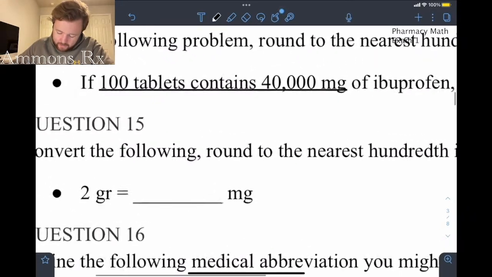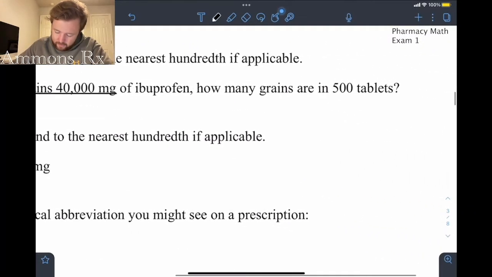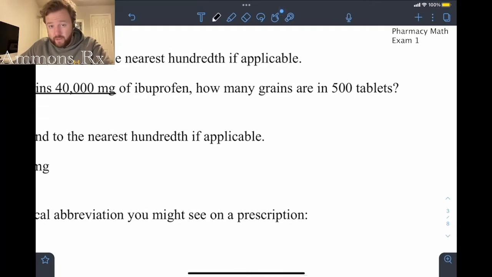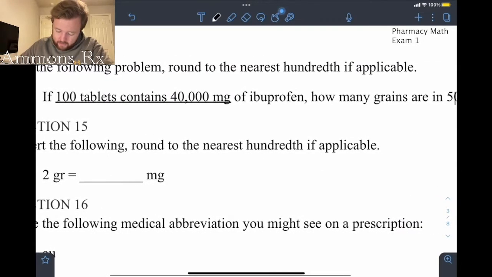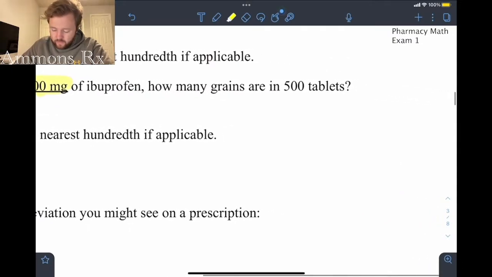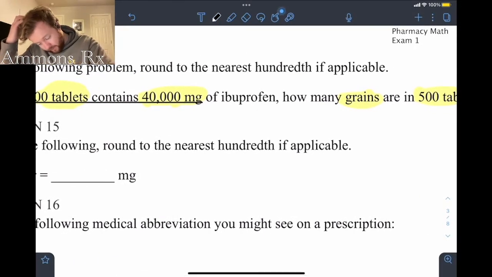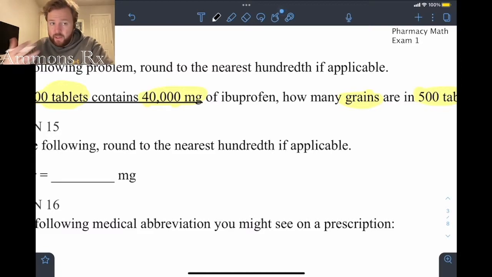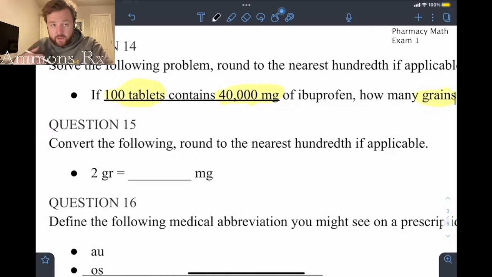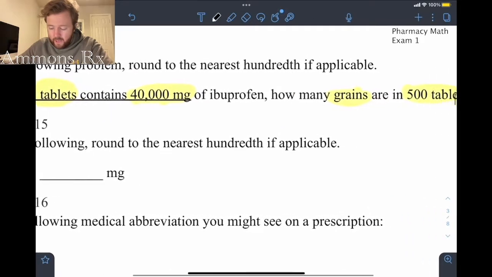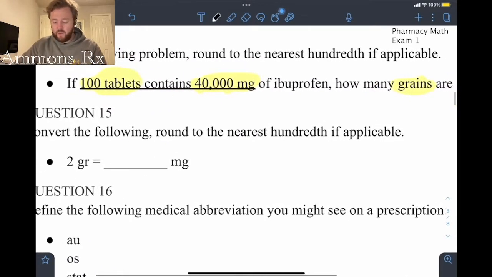If 100 tablets contains 40,000 milligrams of ibuprofen, how many grains are in 500 tablets? So there are a couple things there that might trick you. So 100 tablets contains 40,000 milligrams. How many grains in 500 tablets? So first thing first, we need to set up a proportion saying, okay, if there is 40,000 milligrams in 100 tablets, how many milligrams are there in that 500?